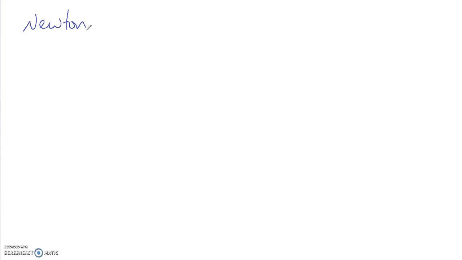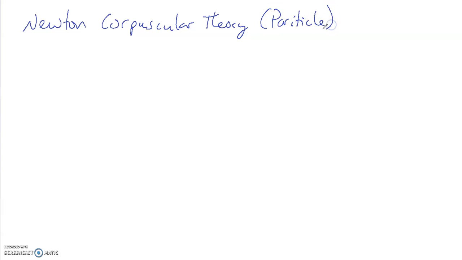Newton's theory is called the corpuscular theory of light, and it's basically a particle theory of light. The basic premise is that light acts like little tiny bullets, flying around.